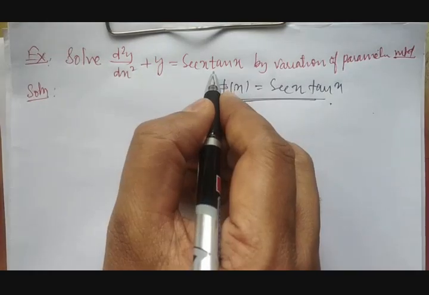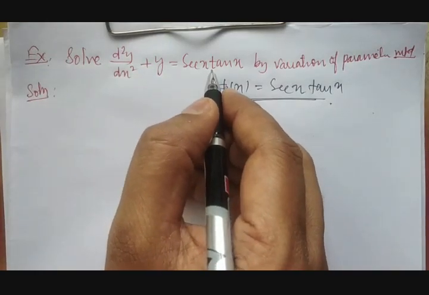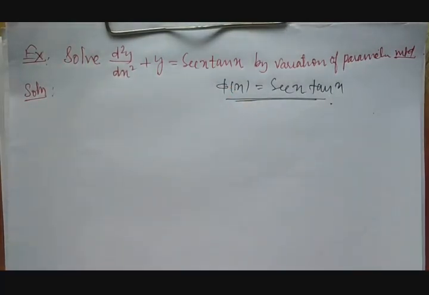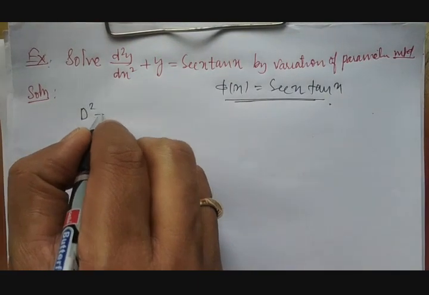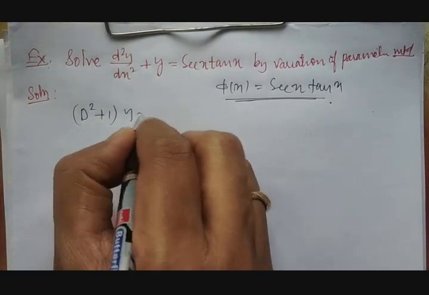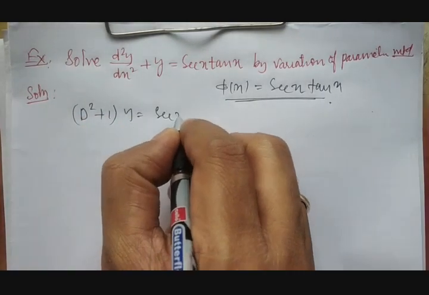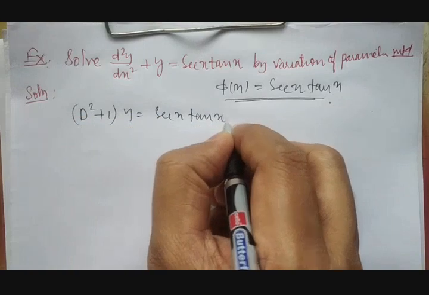If you see, this example is a non-homogeneous differential equation, which can be written as D square plus 1 of y is equal to sec x into tan x.